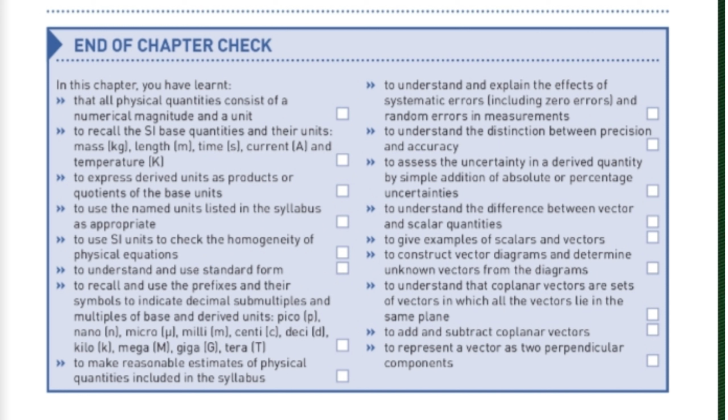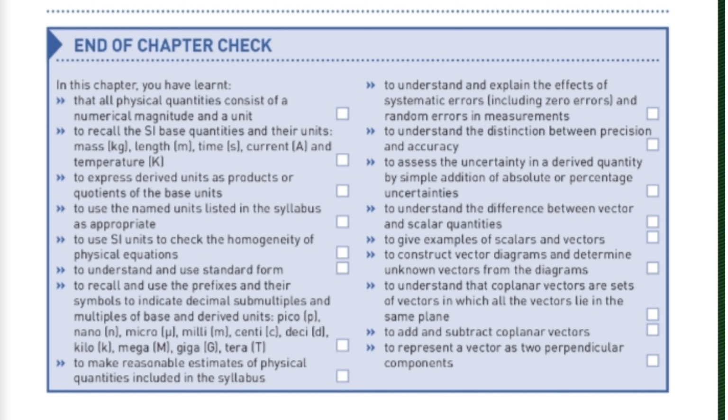To use SI units to check the homogeneity of physical equations. To understand and use standard form. To recall and use prefixes and their symbols to indicate decimal submultiples and multiples of base and derived units: pico, nano, micro, milli, centi, deci, kilo, mega, giga, tera.